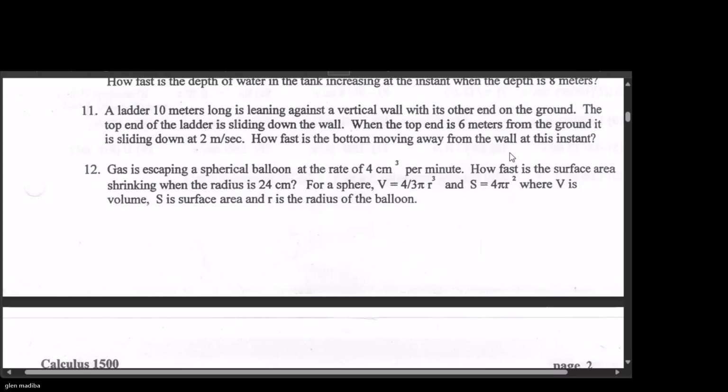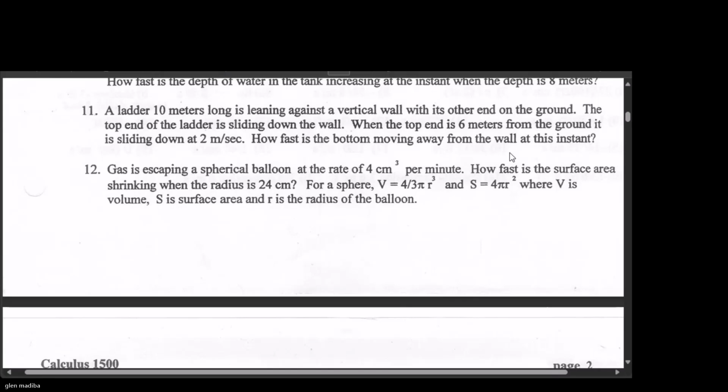So if we find the derivative for volume, we do that by deriving both the left and the right hand side of the formula. We have dv over dt is equal to 4 pi r squared times dr over dt.